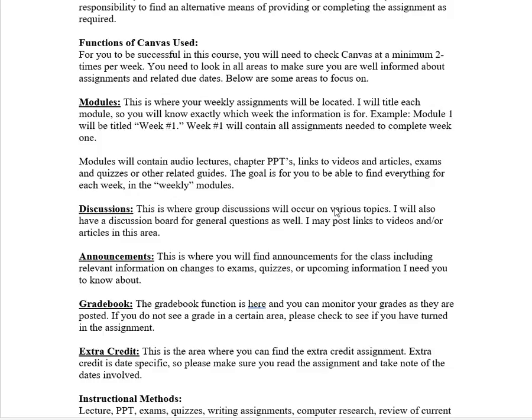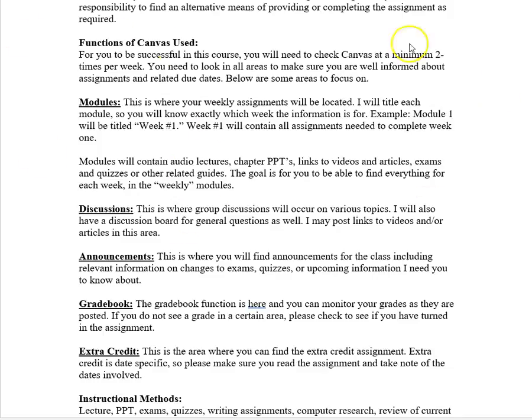You need to look in all areas to make sure that you're well informed about the assignments and related due dates. Navigate through Canvas when you log in, and take a look at how the course is set up so you have a good understanding of what it looks like in there.